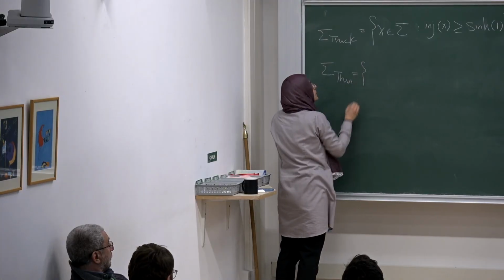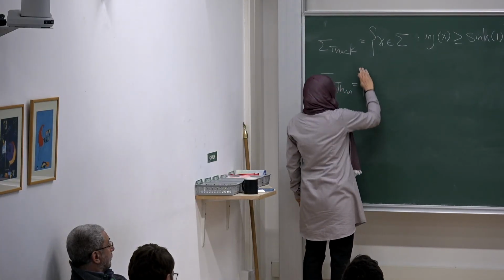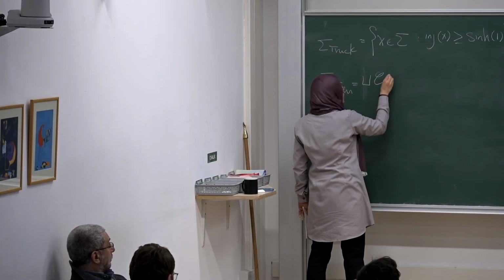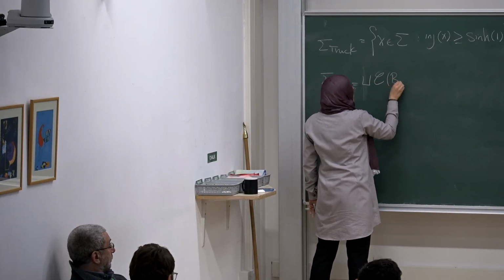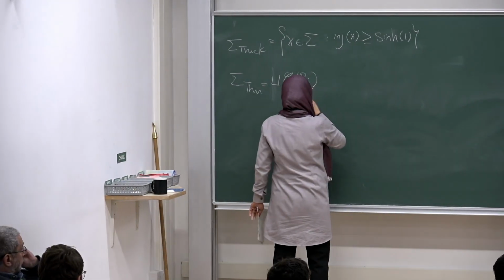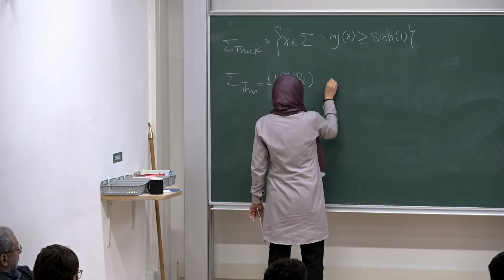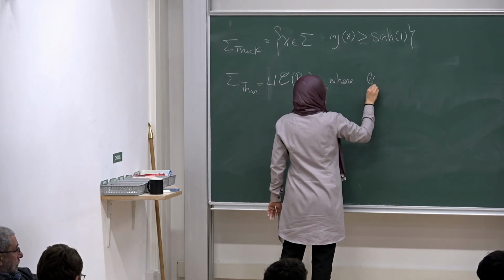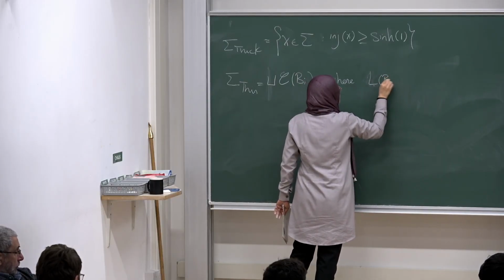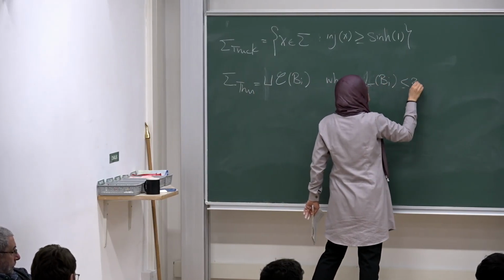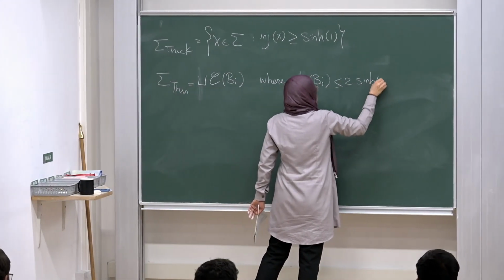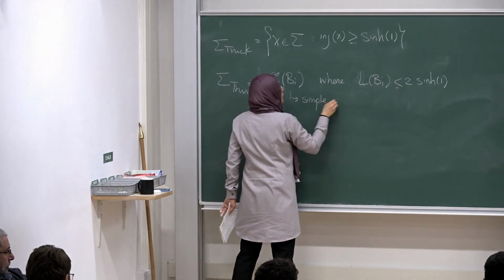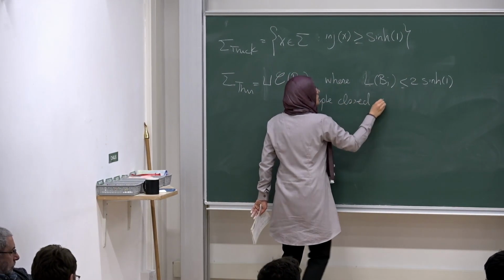The thin part is a collection of collars around B_i, where the length of B_i is less than twice sinh of 1. So B_i is a simple closed geodesic.